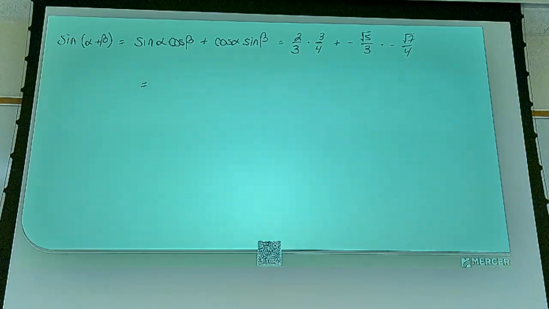That one's easy, right? 6 over 12. Again, I'm not going to reduce it. Negative times negative is going to be what? Root 5 times root 7. Root 35, not 45. Sorry.